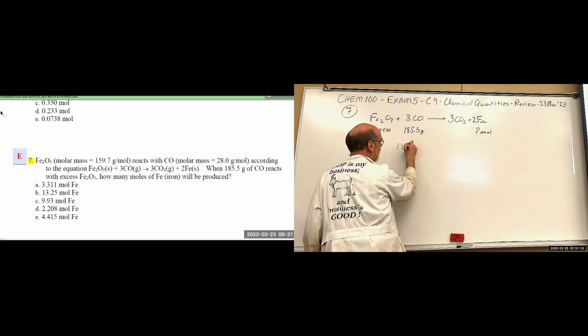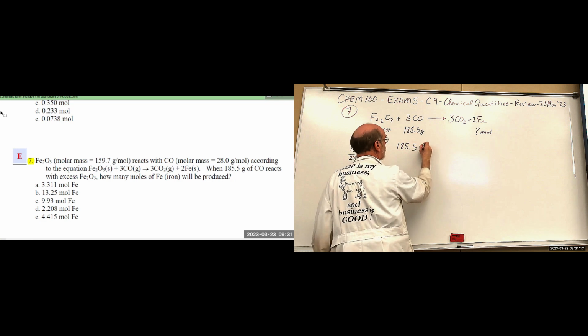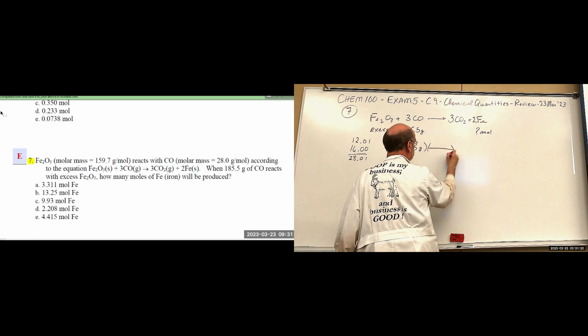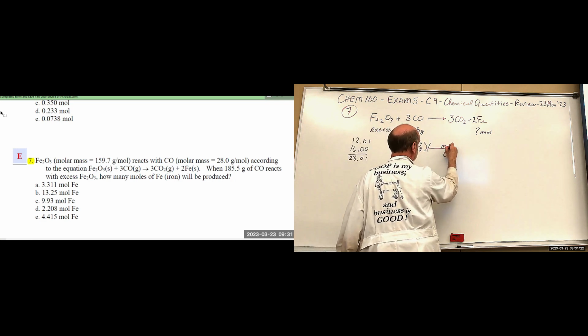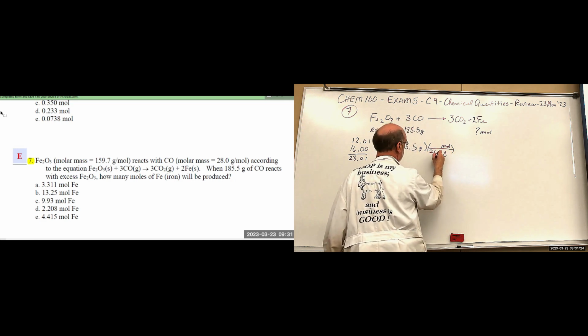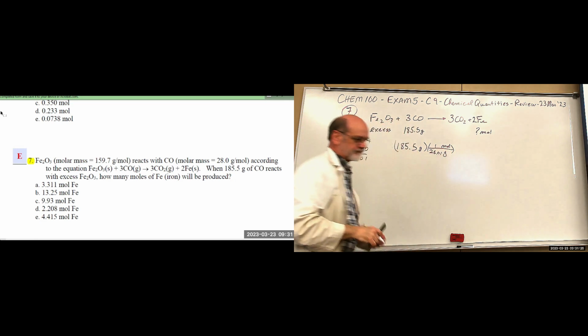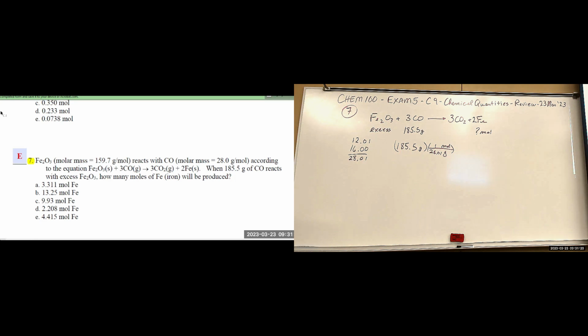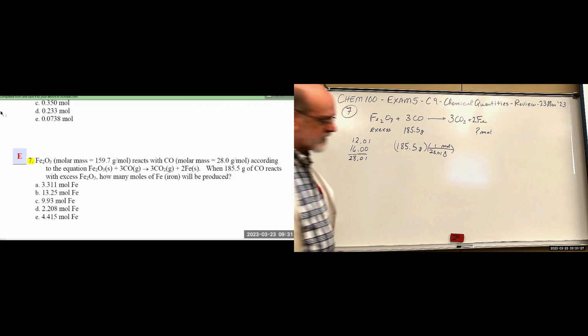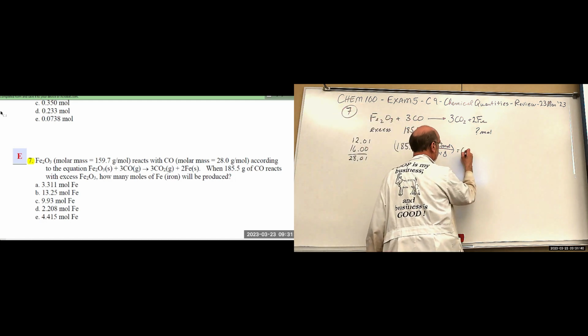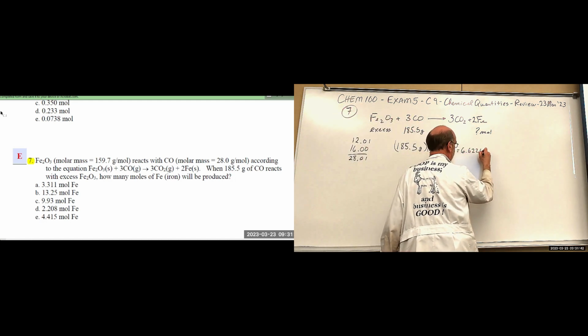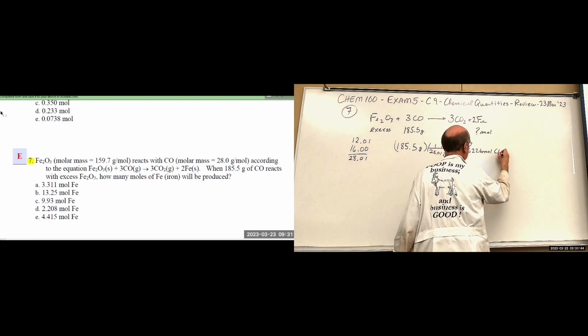So 185.5 grams of carbon monoxide is going to yield 28.01 divided into that. 185.5 divided by 28.01. 6.6226. That's moles of carbon monoxide.